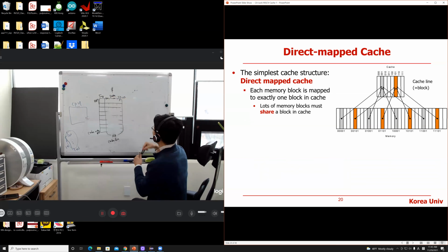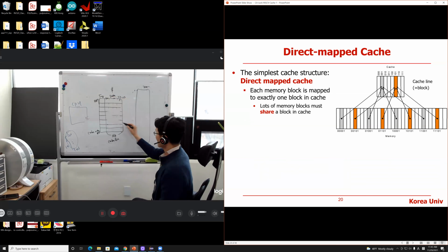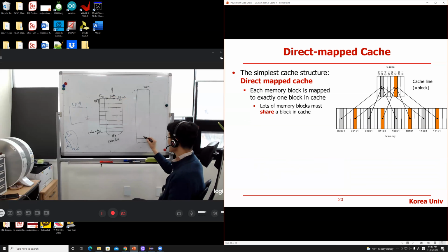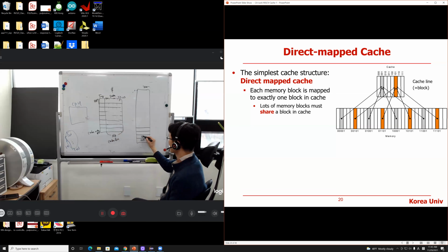So let me divide memory into cache line sized blocks. This one is a cache line sized block: 16 byte, 16 byte, 16 byte, 16 byte.